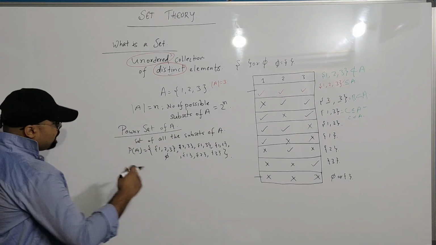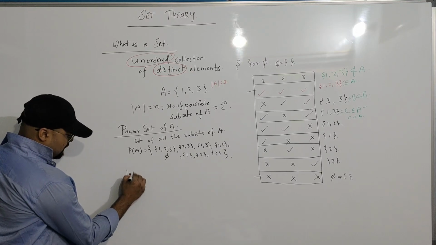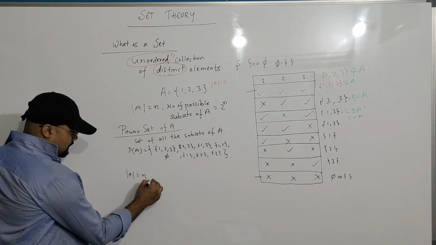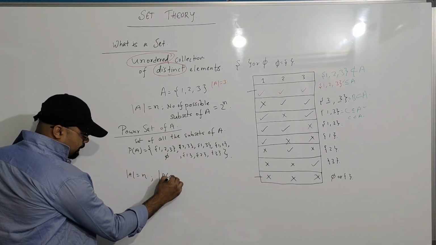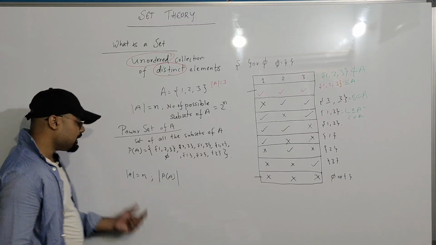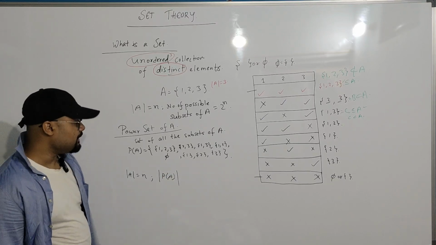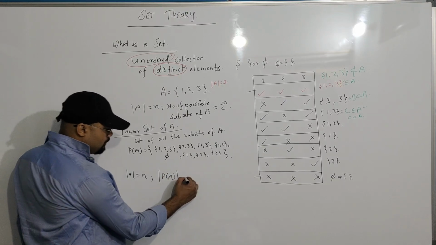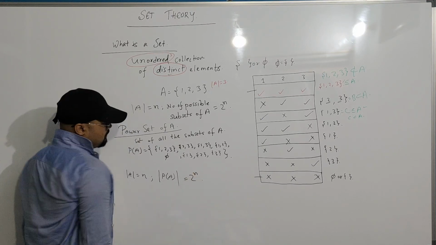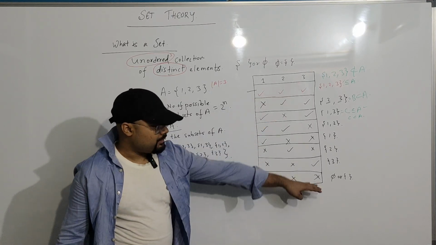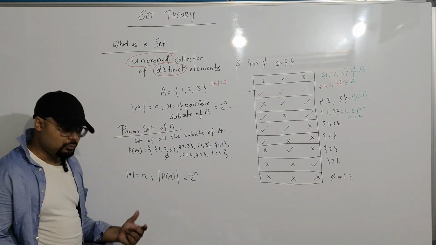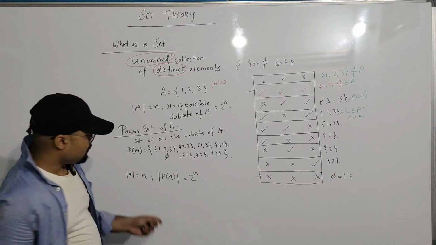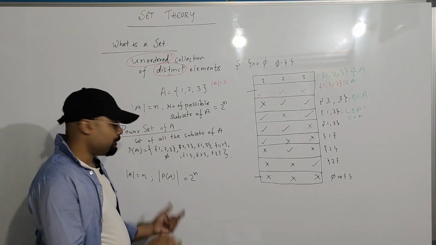So if the cardinality of A is n, then what is the cardinality of the power set of A? This is equal to 2 to the power n, because there are 2 to the power n subsets of a set. Each subset is an element of the power set.